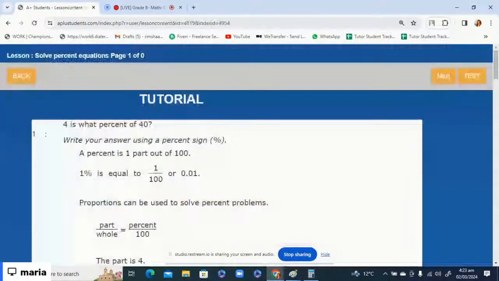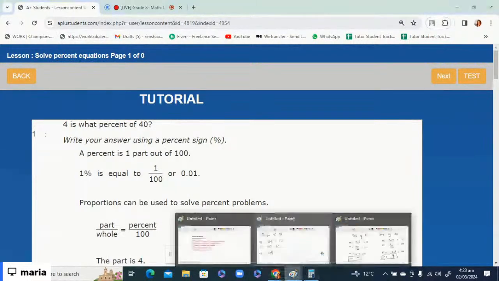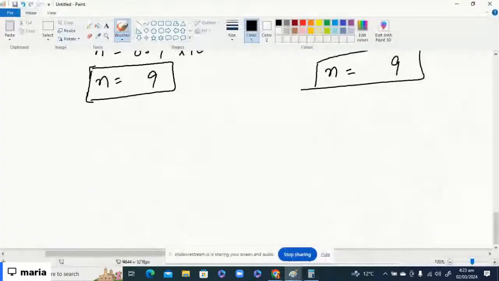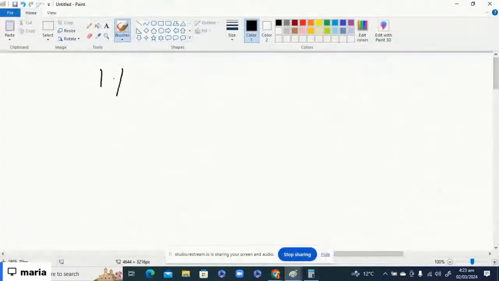4 is what percent? Now we are going to find it out. Write your answer using a percent sign. Okay. As we know, how do we find 1%? What is the meaning of 1%? 1% means 1 divided over 100.